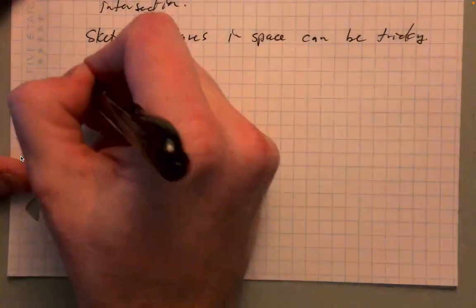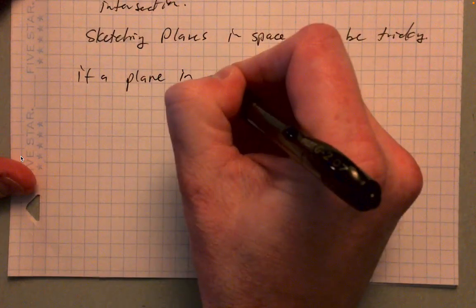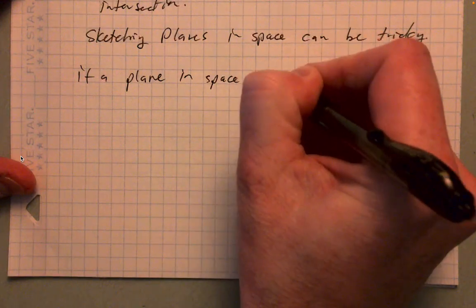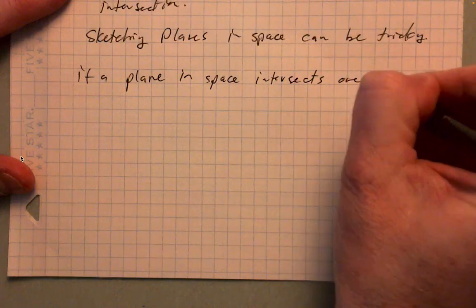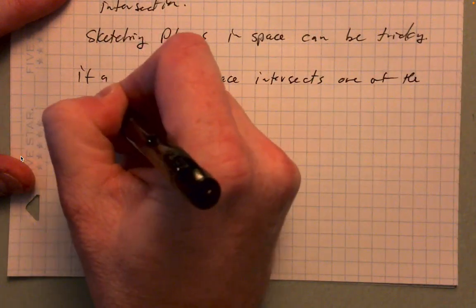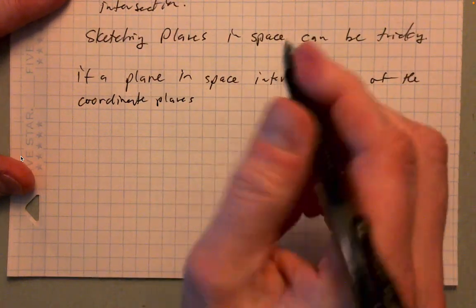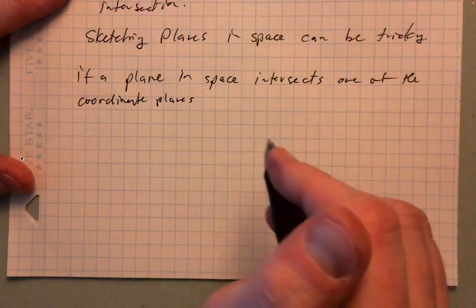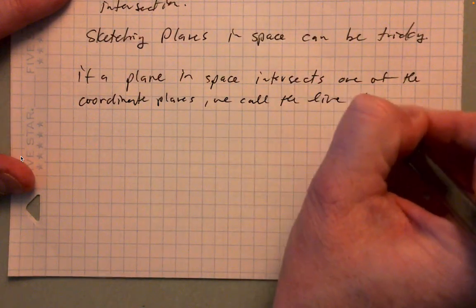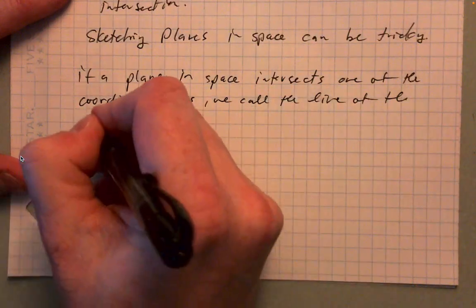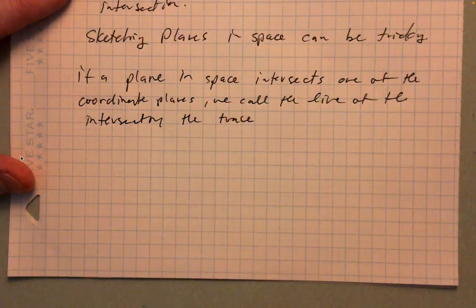Okay, so if a plane in space intersects one of the coordinate planes, we call the line of intersection the trace.